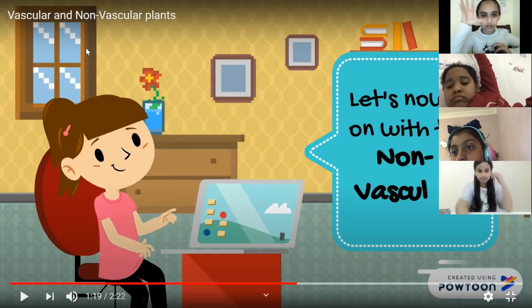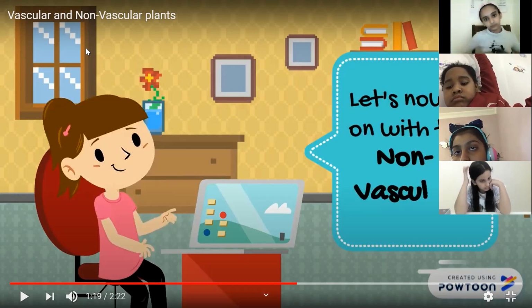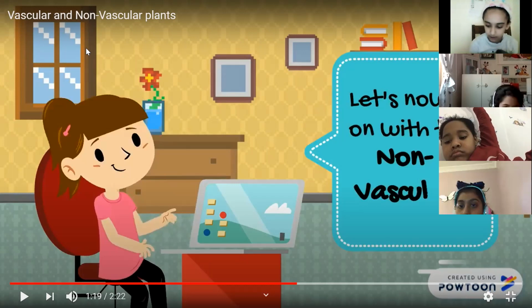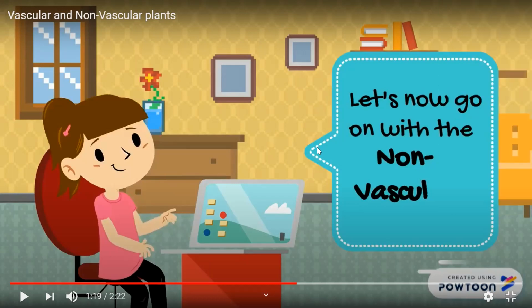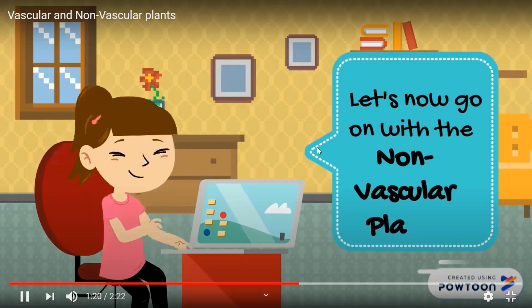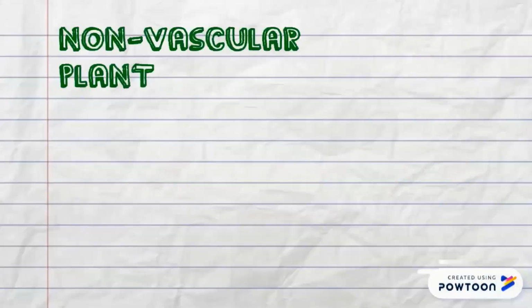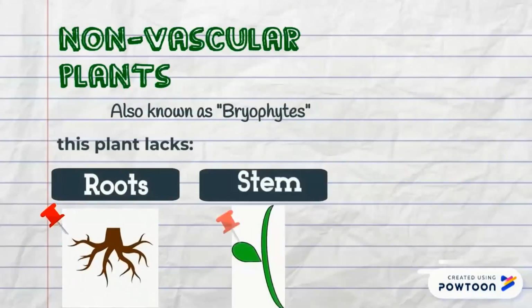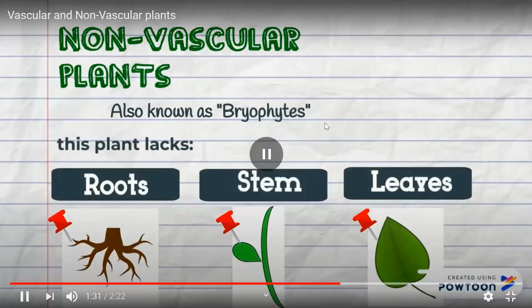Excellent. Non-vascular. From the name, non-vascular doesn't have tubes. If vascular has tubes, non-vascular doesn't have tubes. So, as Lian said, they don't have root, stem, or leaves.